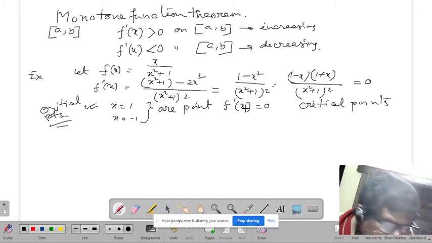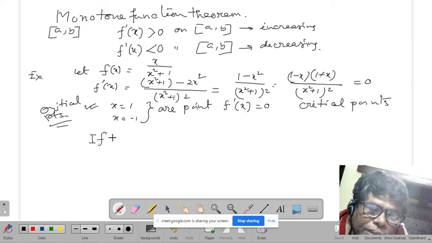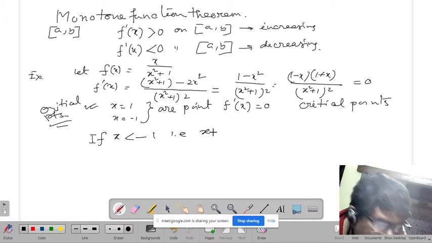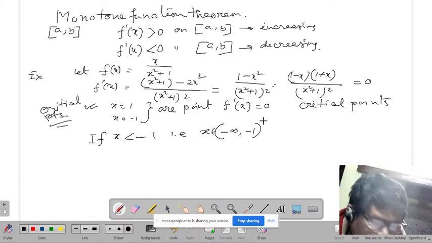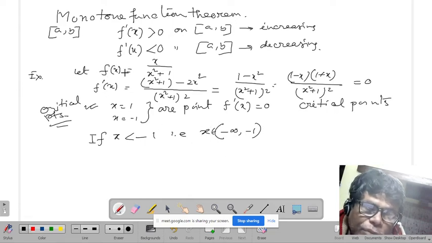Now we have to find out, if x is less than minus 1, that is, x lies between minus infinity and minus 1, what is the nature of the curve f x?